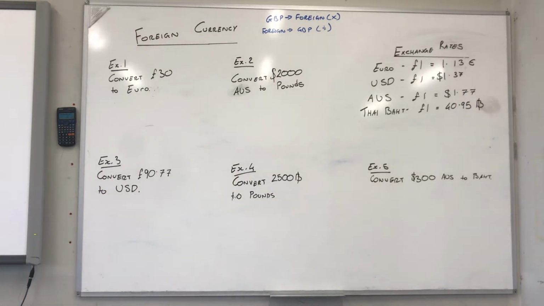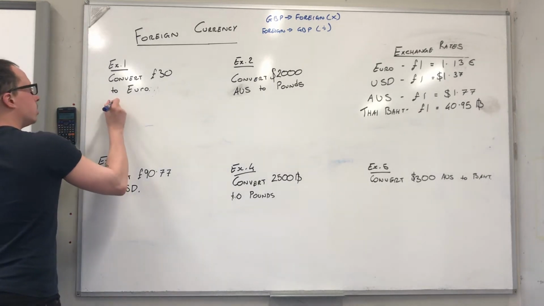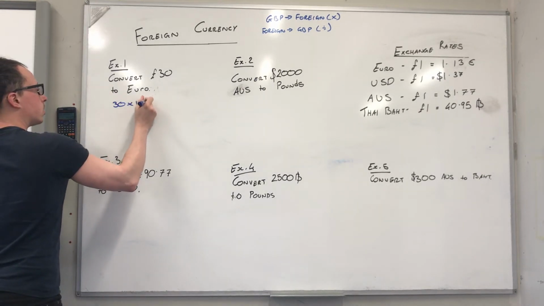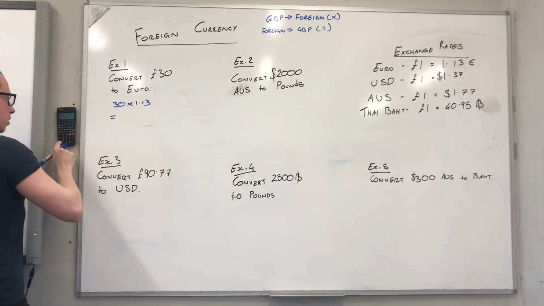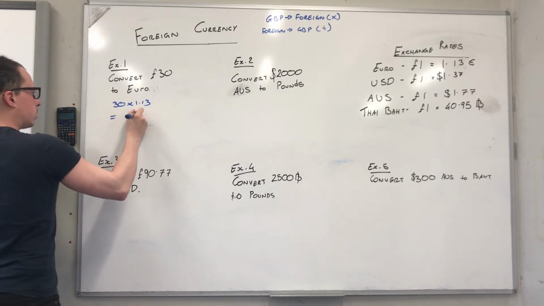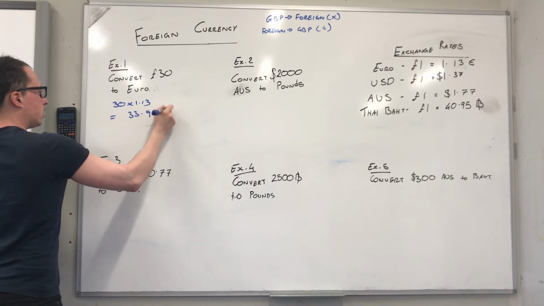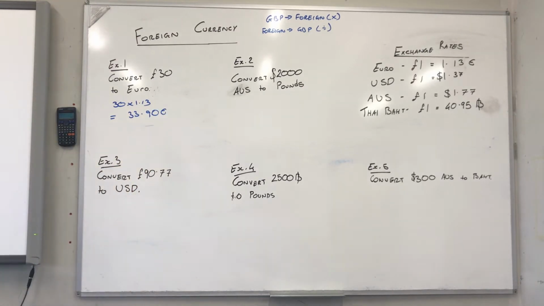So, the first example tells me to convert £30 to euros. If we look here, for euros, £1 equals €1.13. So all we need to do is times 30 by 1.13. Hopefully what you can see there is that it came out as 33.9, but I've added a zero.